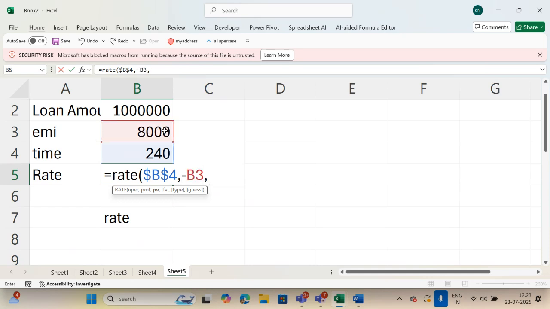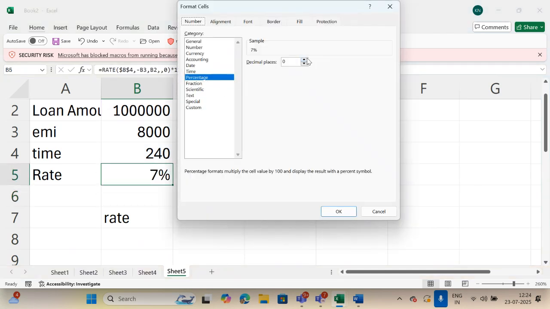Then this one is your PV, comma, comma, 0. No guess is there, I'm not providing the guess. And it will provide me the monthly interest rate. I should multiply it by 12. See, I should set the decimal points.